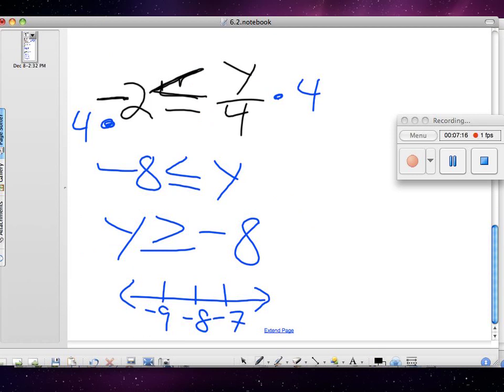I'm going to have an open or a closed circle over negative 8. Closed because it's underlined. And then y is greater than or equal to it. So it goes towards the numbers that are greater or it points in the direction that I want to go. So remember, we only flip the sign if the number we're moving is negative. You guys feel pretty comfortable about this?